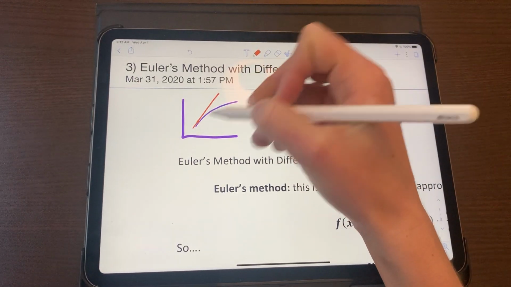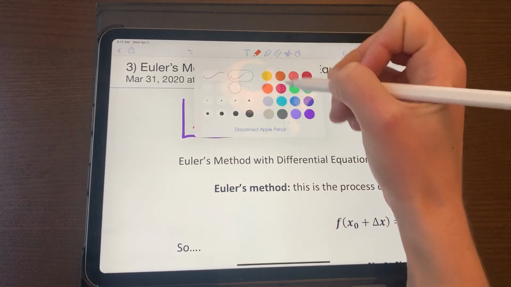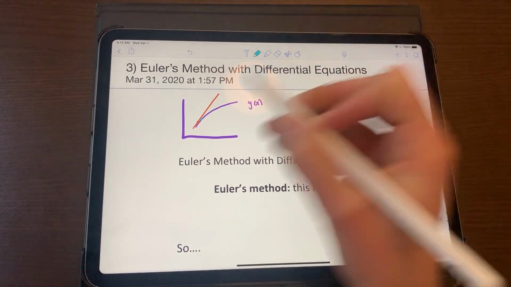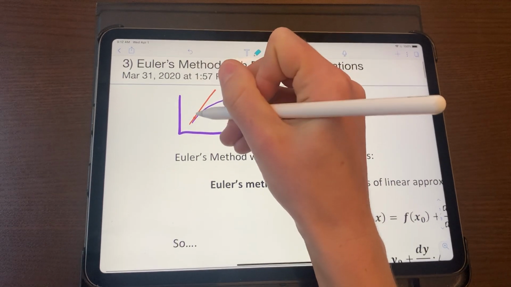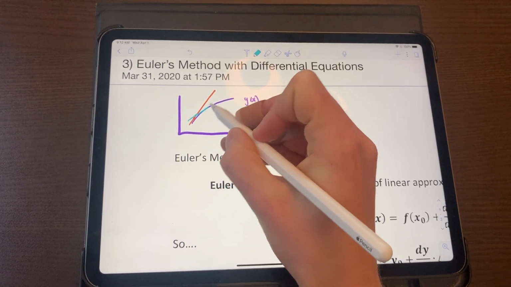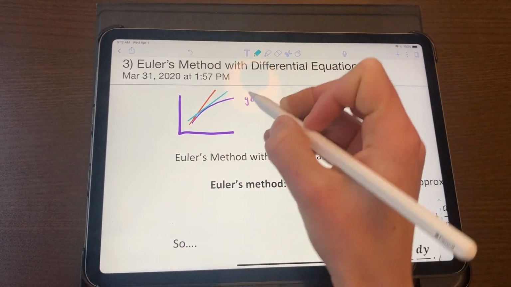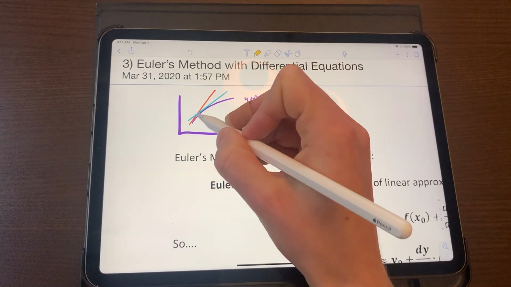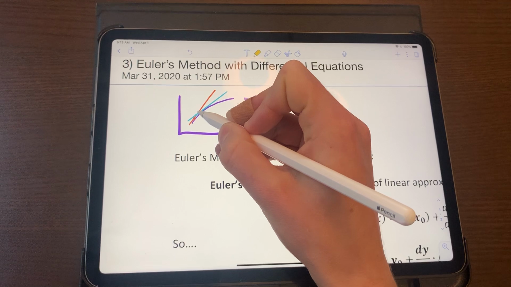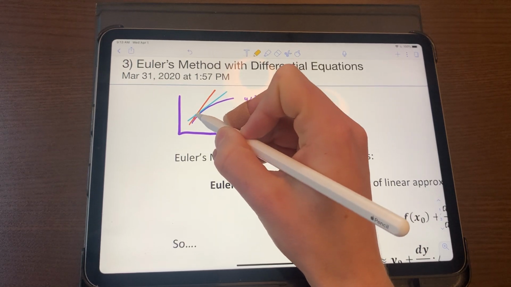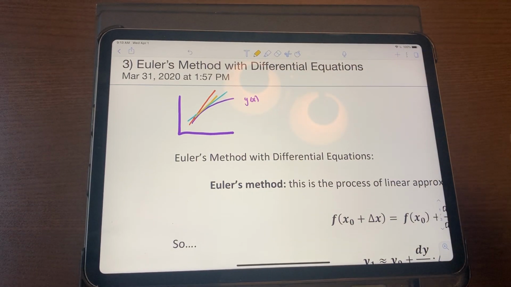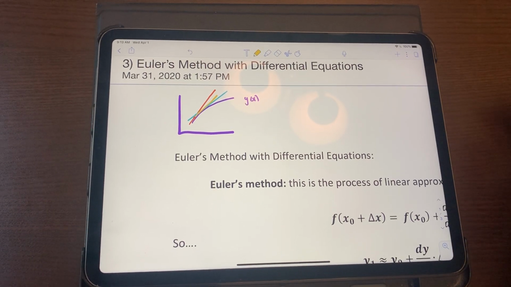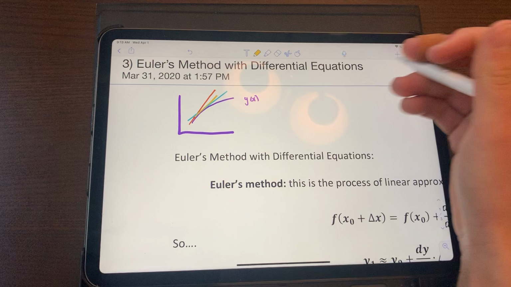Then we're going to use the tangent line approximation, and we're going to move just a tiny bit more on the tangent line and get another approximation. And we're going to move a tiny bit more to the right on the tangent line, and we're going to get another approximation. So the hope is that the more and more small steps we take, the better our general approximation is.